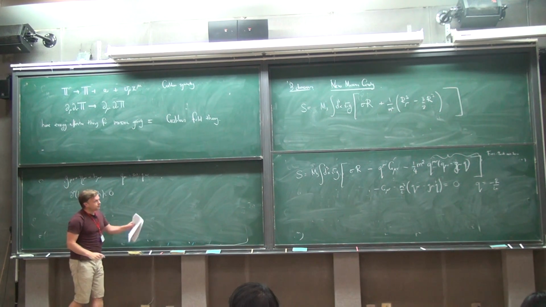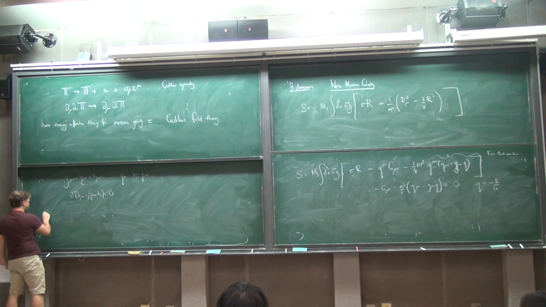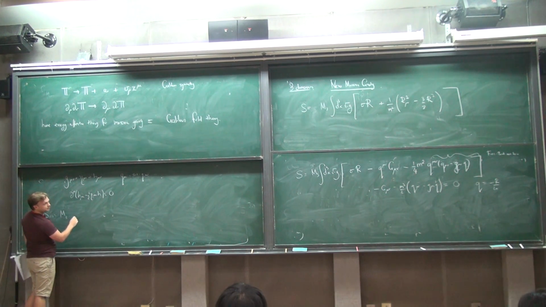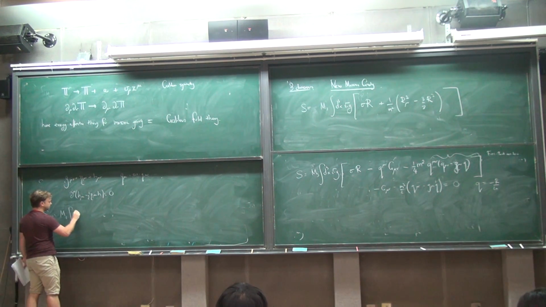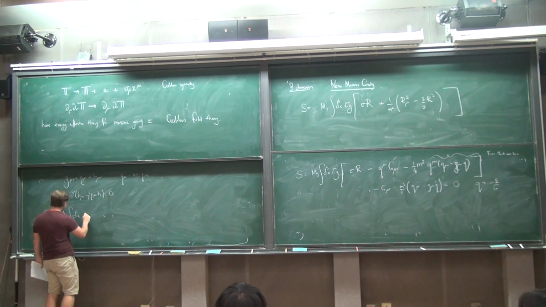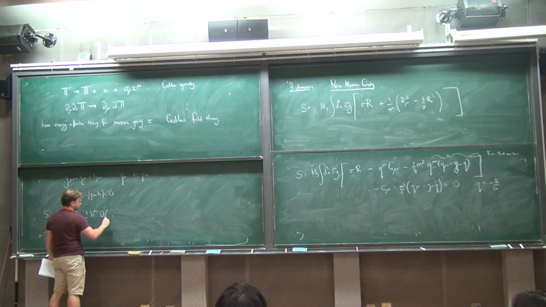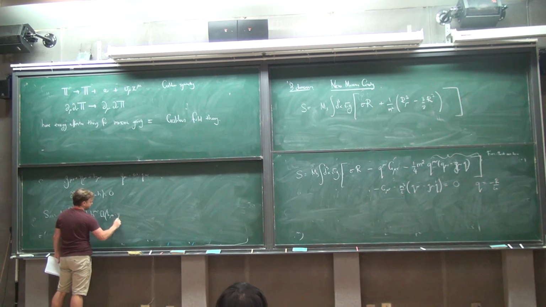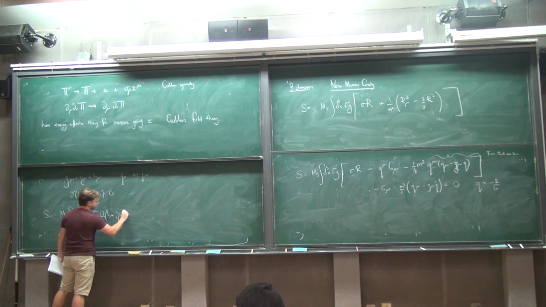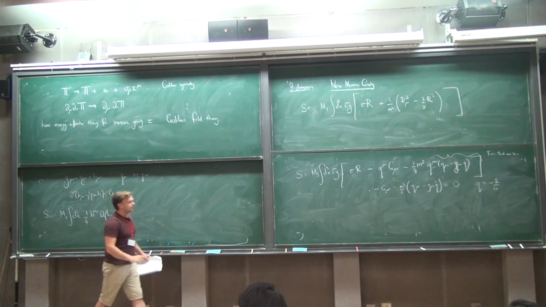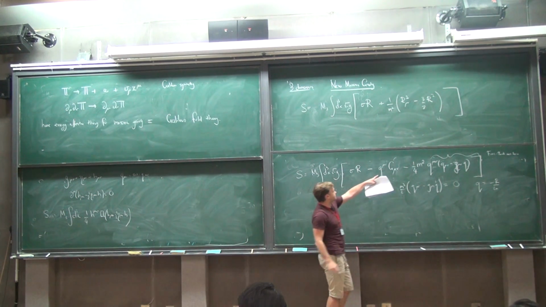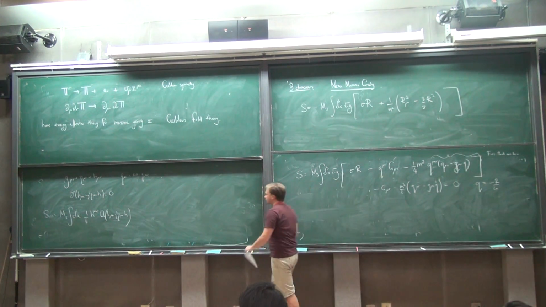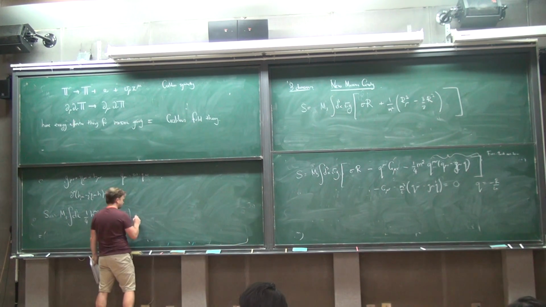Then to quadratic order, this action will simply give, first, the standard Einstein-Hilbert contribution. You should be getting familiar with that by now if you weren't before. The second part, this is the Einstein tensor here, so that will give plus 1/2.